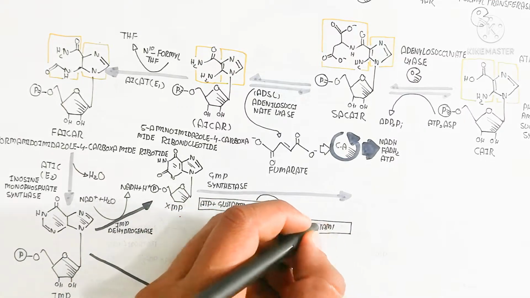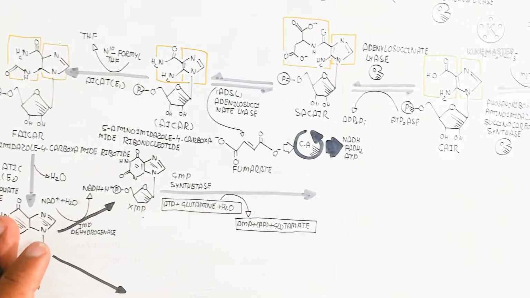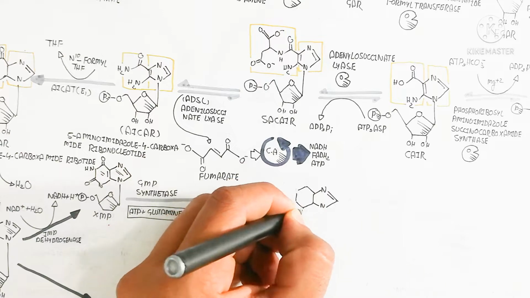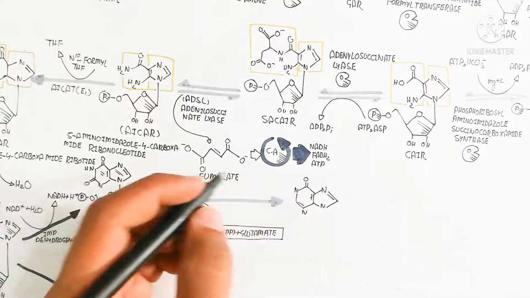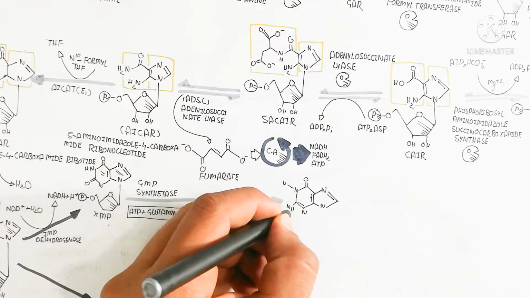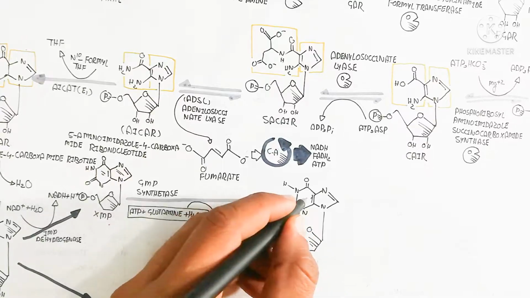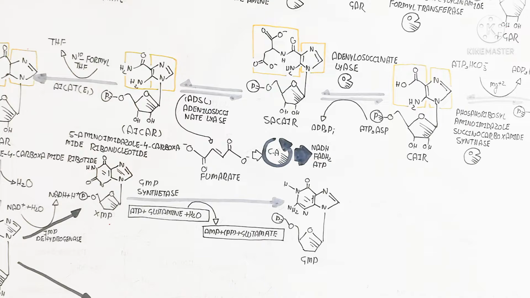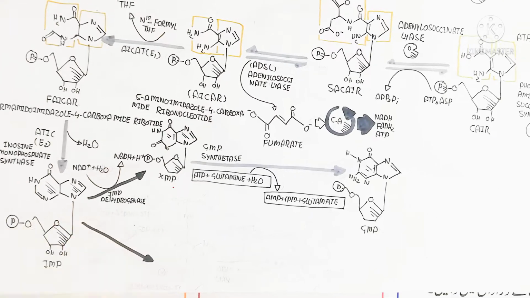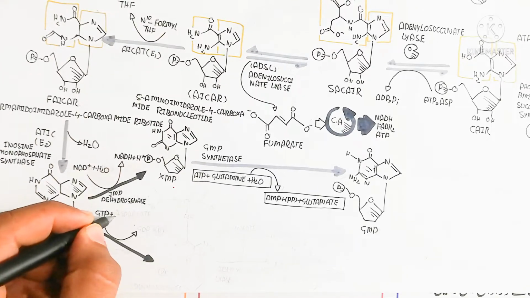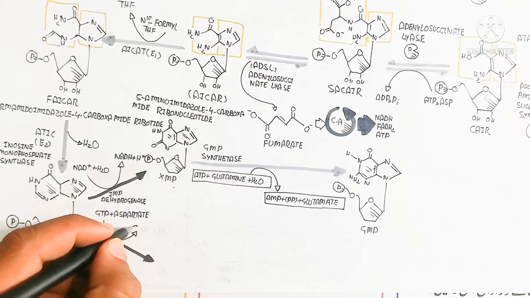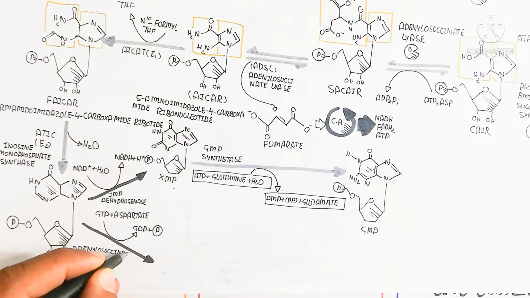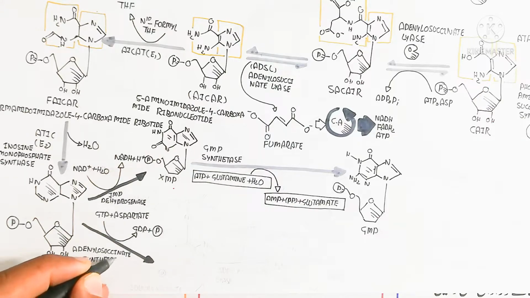In this way you can understand this is the GMP formation, the guanosine monophosphate formation. So this guanosine monophosphate formation gives the guanine, and this is the guanosine monophosphate formation.